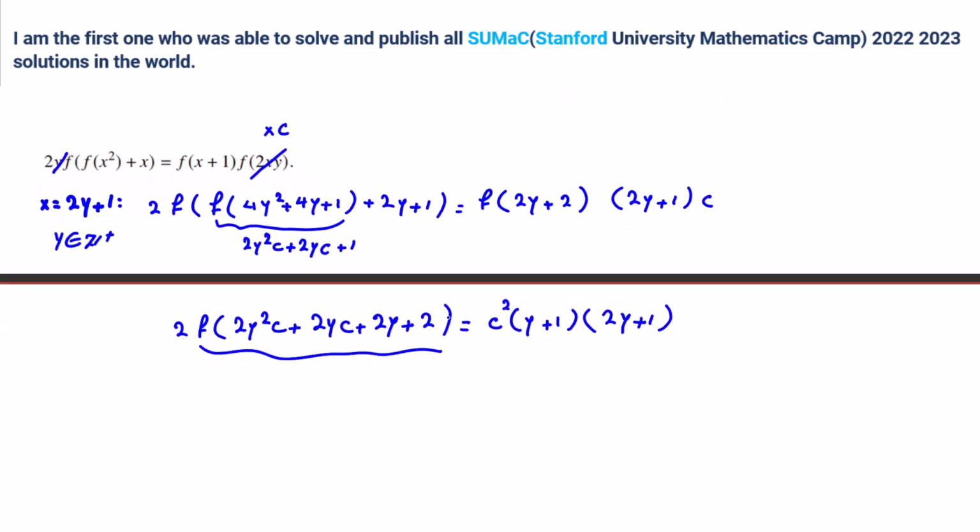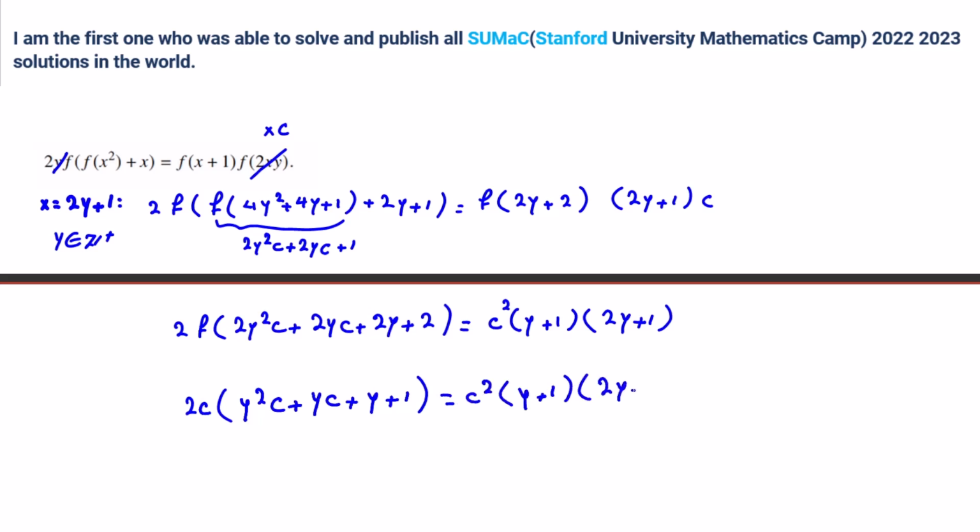F of this one is what? I factored out, wait. First I turned it into just 2 times c times y squared c plus yc plus y plus 1, which is equal to c squared, y plus 1, 2y plus 1, right? And I cancel out a c first.